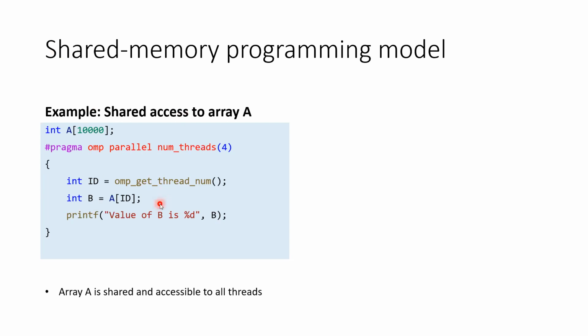As an OpenMP user, we don't need to worry about what is happening at the backend from the OS, but just need to understand what variables are shared and what are not. This variable appears before our parallel region, so it is shared among all. But when we have int b, that copy of int b is replicated for each thread, and it is private to the execution of that particular thread.